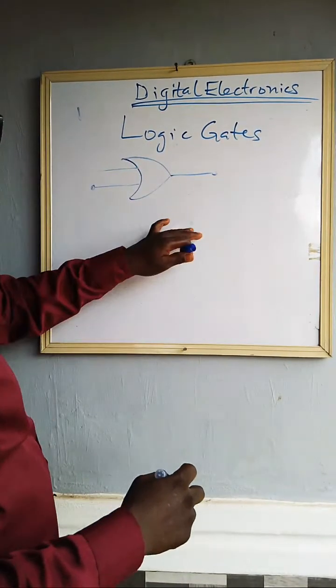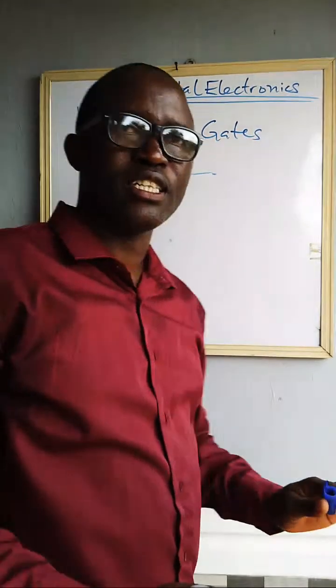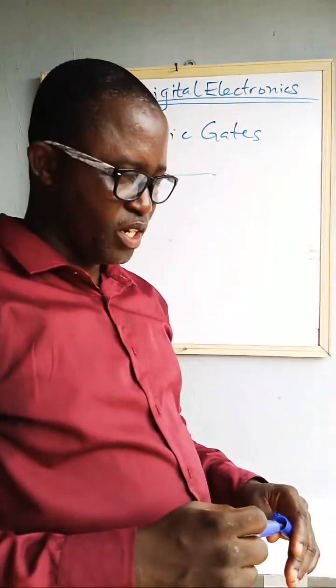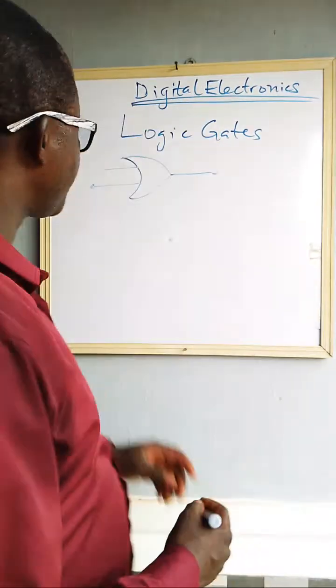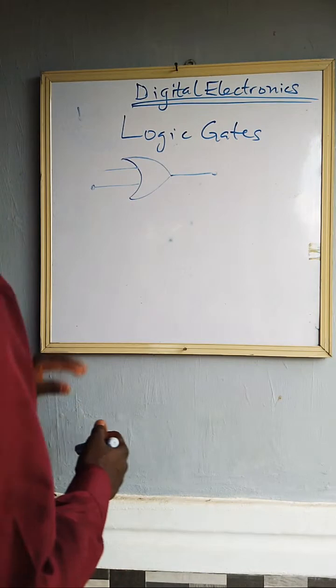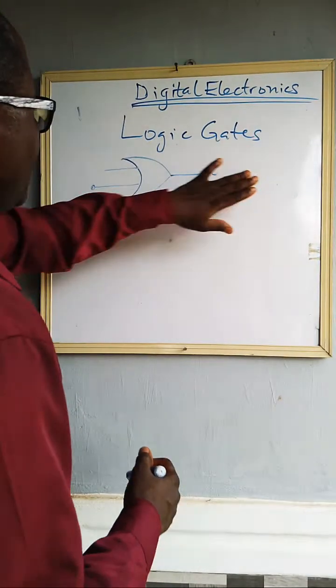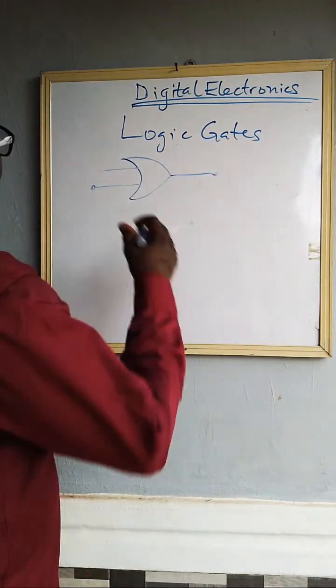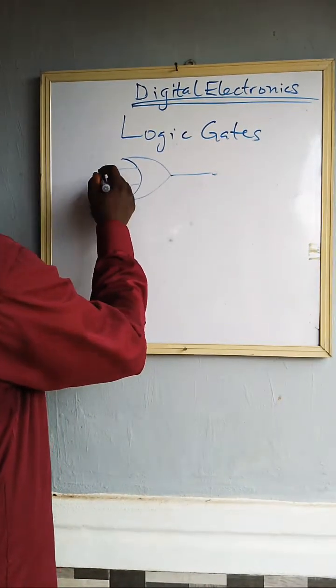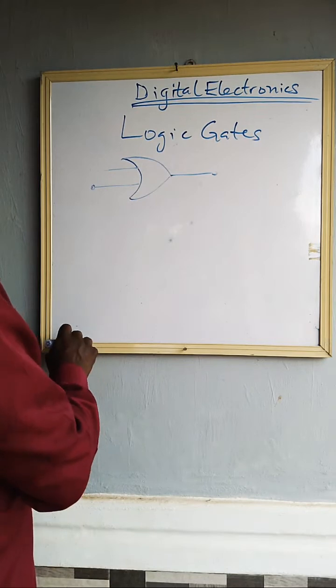But this is just the simplest form of it that we can use to explain. So the simplest form of it is these two-input logic gates.